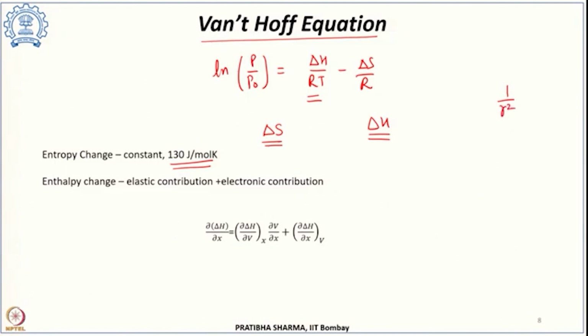Since this is a repulsive force, the potential energy of the hydrogen in fact decreases, but the energy of the lattice increases, and there is also a local distortion within the lattice. This local displacement field falls as 1 upon r square, and its symmetry depends upon both the crystal symmetry as well as the symmetry of the hydrogen site.